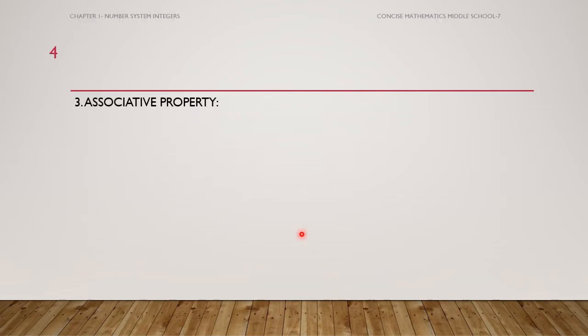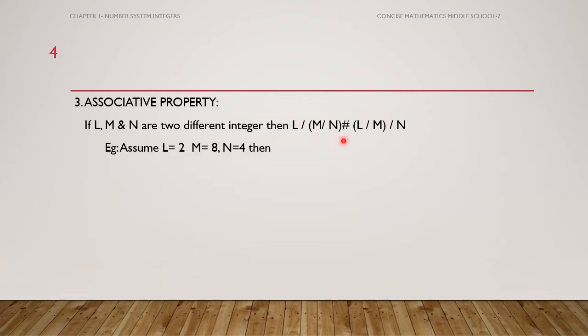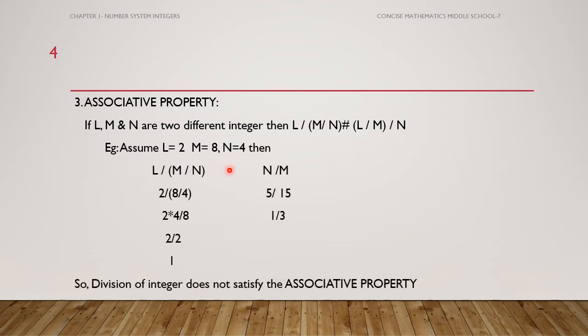Next, associative property. Even here, let's consider the three integers l, m, and n. And here, this is the condition. It does not satisfy both the sides. Let's assume with an example for a clear idea. l is equal to 2, m is equal to 8, and n is equal to 4.